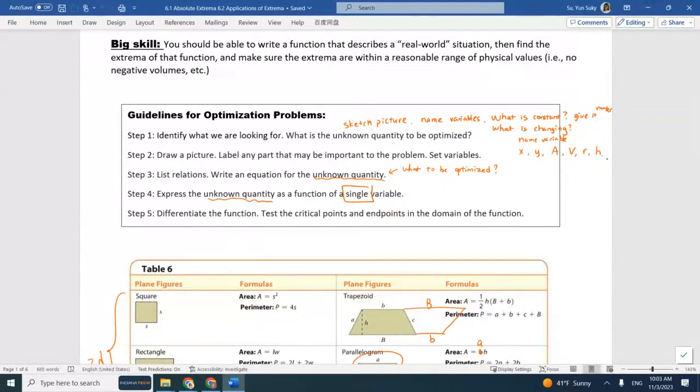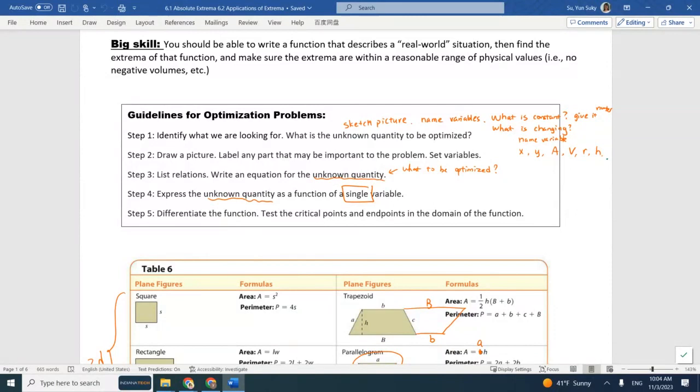Sometimes it might be a function of 2 variables, then there must be another relation. You can express one variable in terms of the other, then substitute back, so you only have a function with one variable.